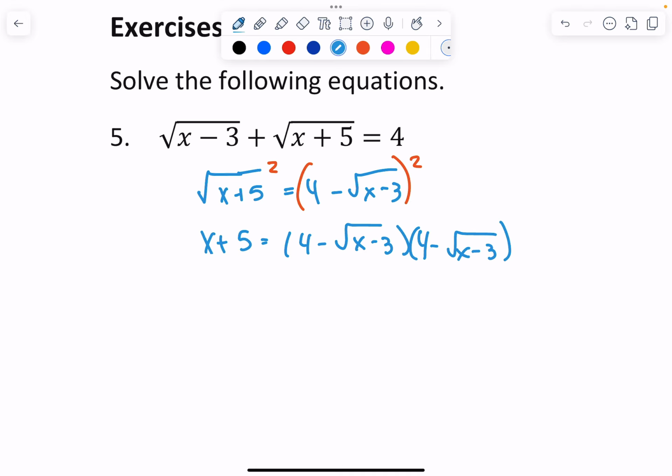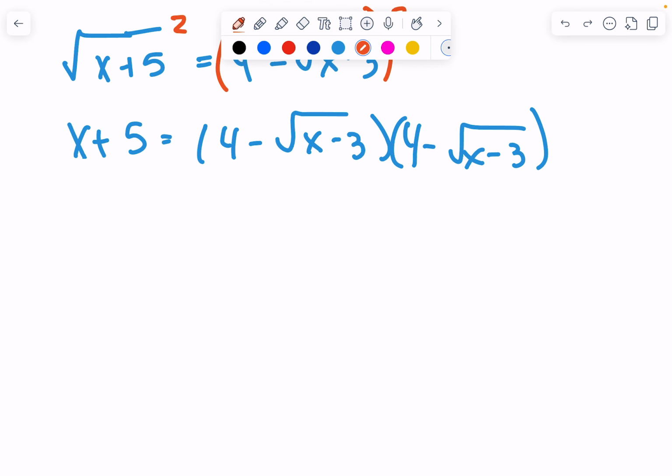And foiling this, I'm going to treat this like the last term in each parentheses. So first, 4 times 4 gives us 16. Outer, so I'm doing 4 and negative root x minus 3, so that's negative 4 root x minus 3.